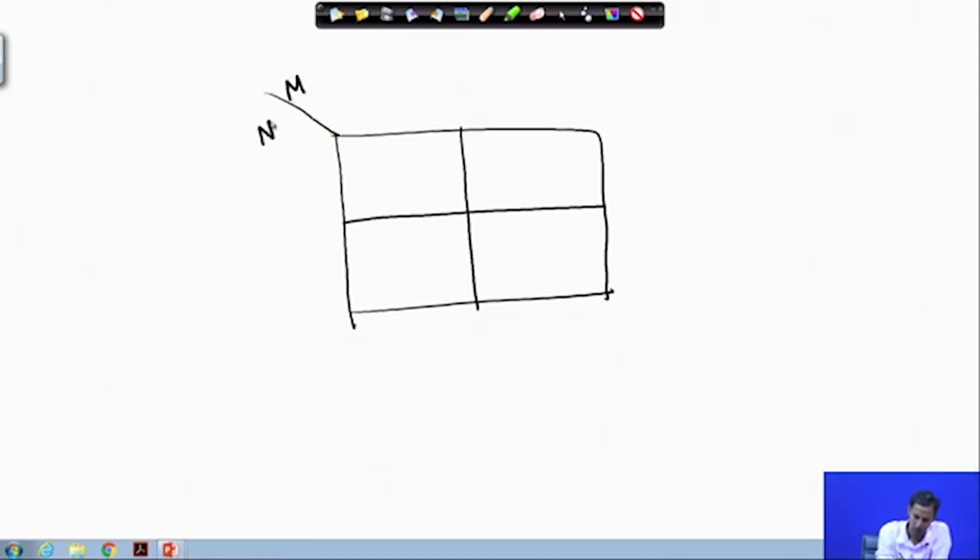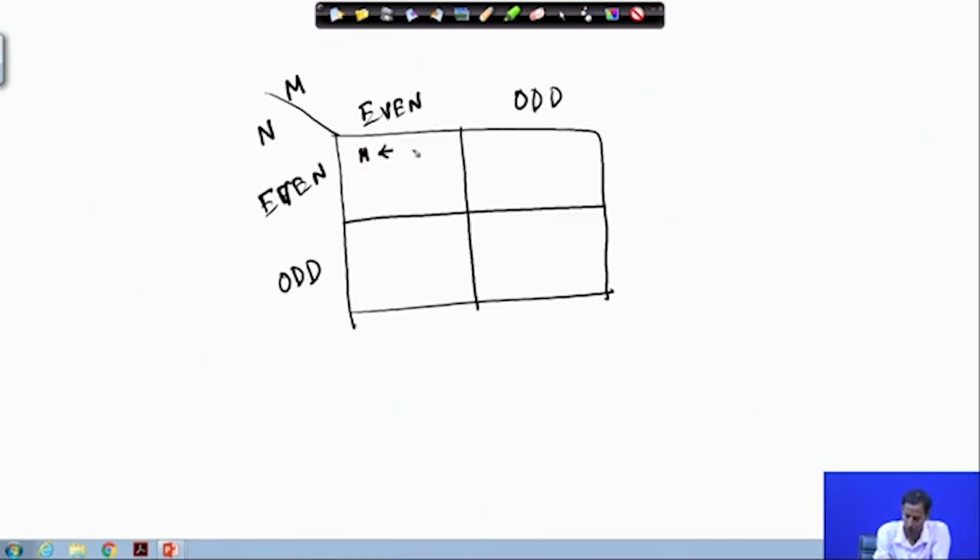So, m and n. This is for the even case and this is for the odd case. Whenever m and n both are even, what happens?